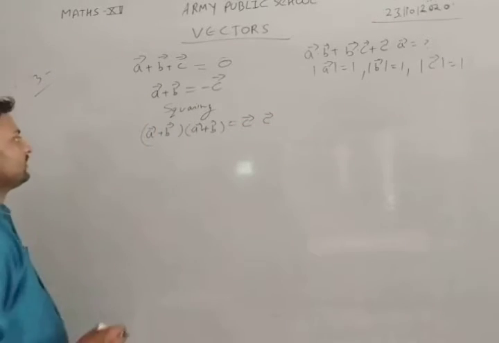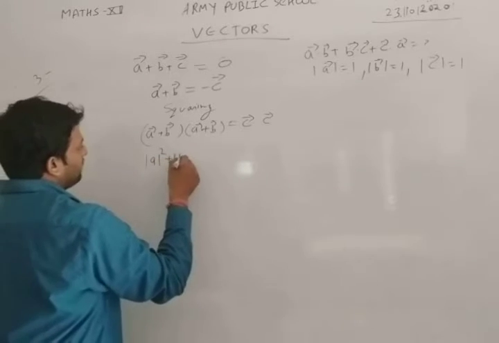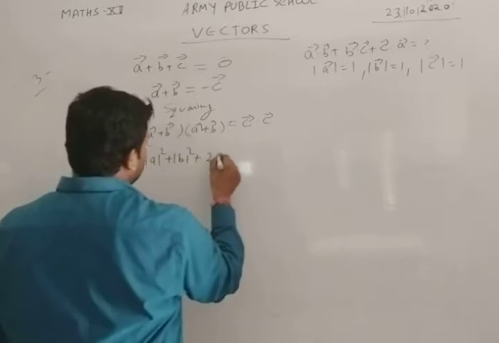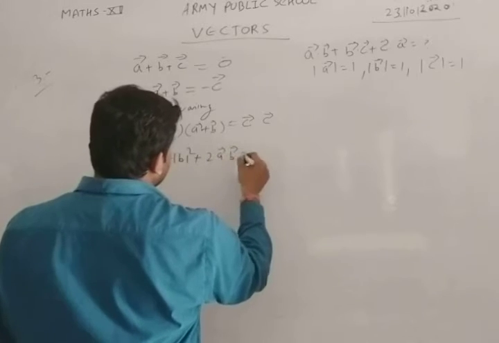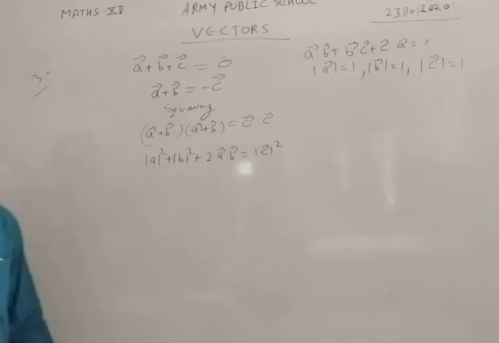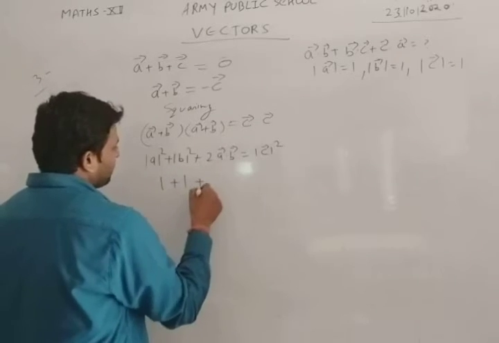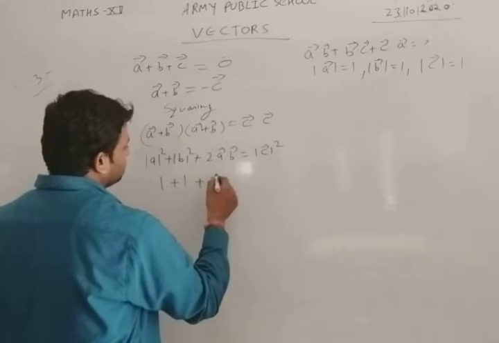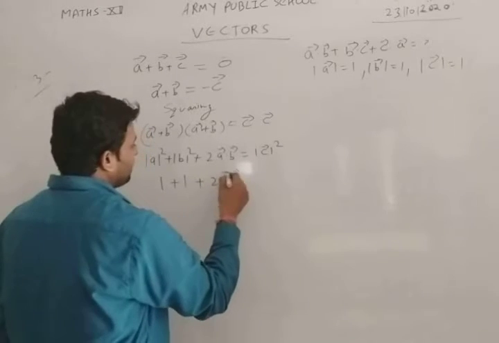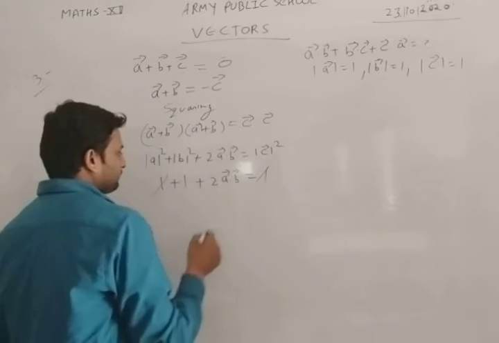Okay, so what do we get? A square plus B square plus 2A dot B is equal to C square. Now A square is 1, B square is 1, and C square is also 1, so it will be cancelled.